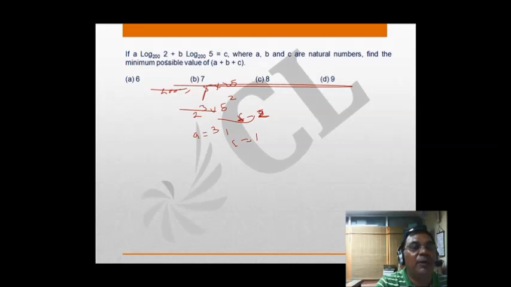The first term will become 2 to the power 3, and the second will become 5 square. So therefore 2 plus 3 plus 1, the answer will be 6. I'm sure that you must have got it, how I'm doing it.